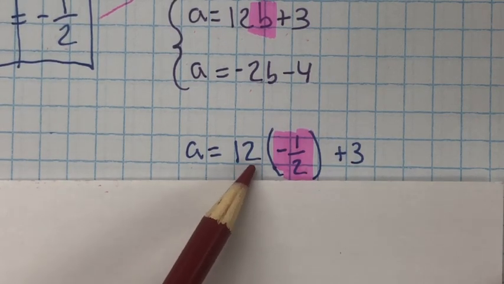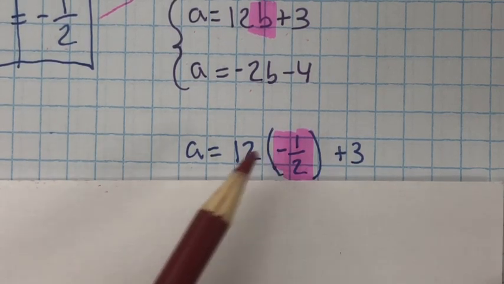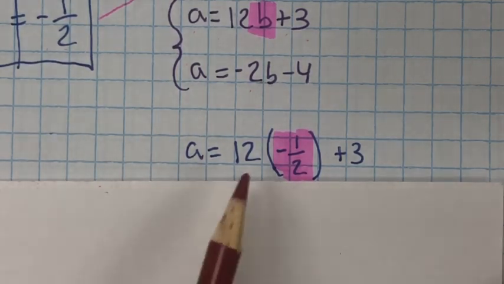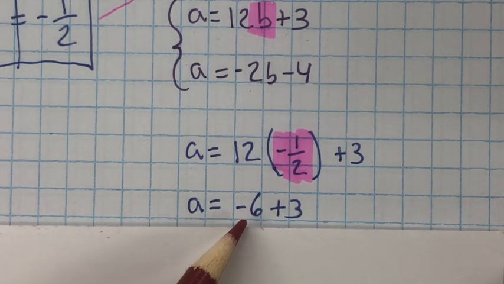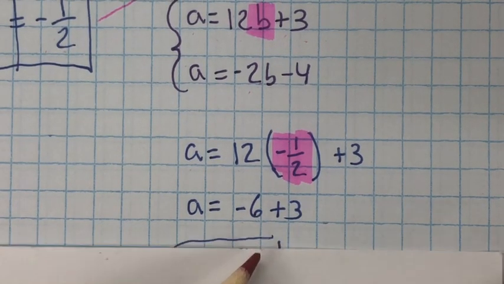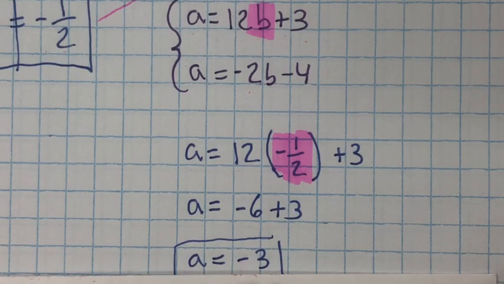So positive multiplied by a negative is going to be a negative. And half of 12 is 6, so it's negative 6. Negative 6 plus 3, I have more negatives than positives, so I know it's going to be a negative. Signs are opposite, so I subtract. 6 minus 3 is 3, so a equals negative 3.